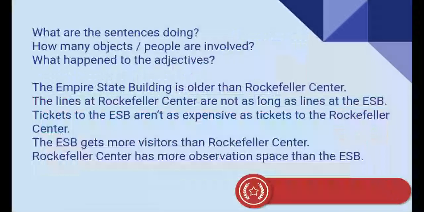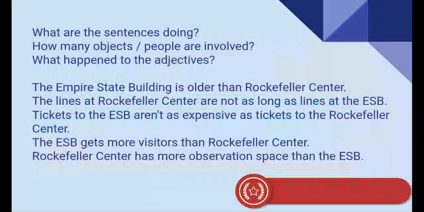Great. What happened to the adjectives? It's going to depend on how we are comparing, right? But let's remember that for comparative adjectives, we use ER, like older, for example, or we can use more if it is a longer adjective.